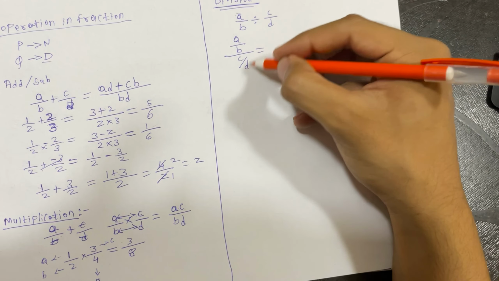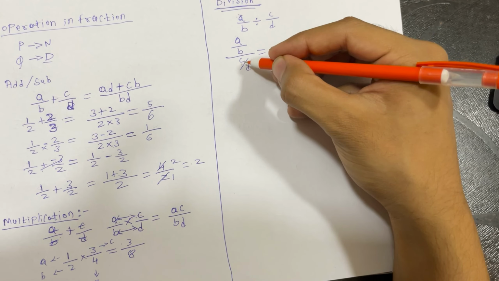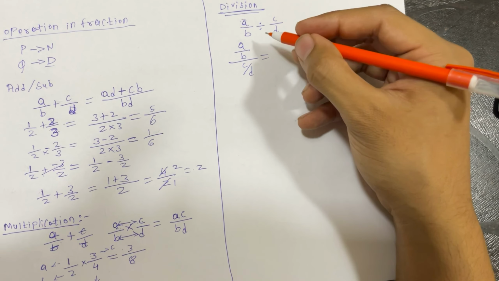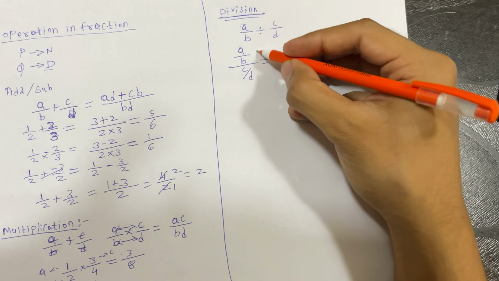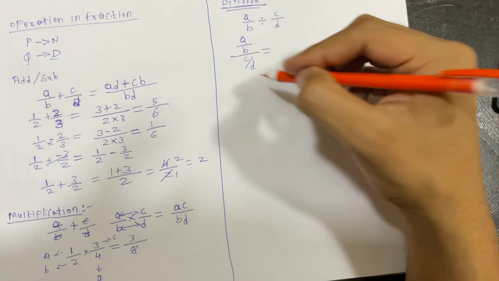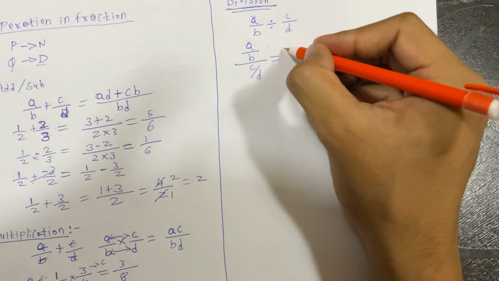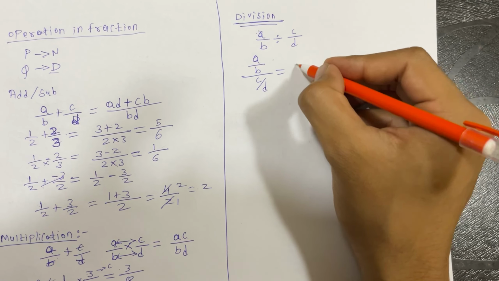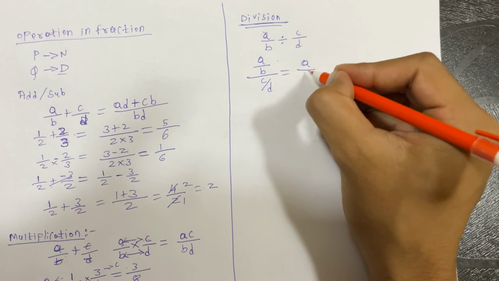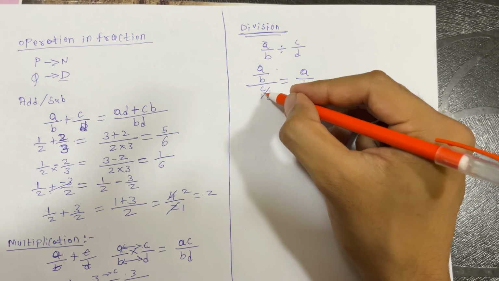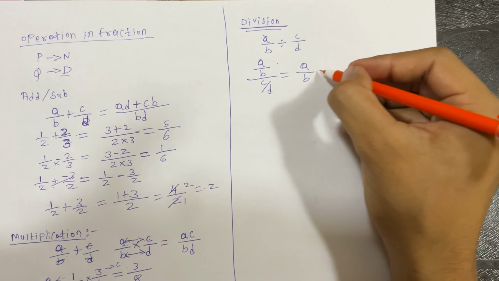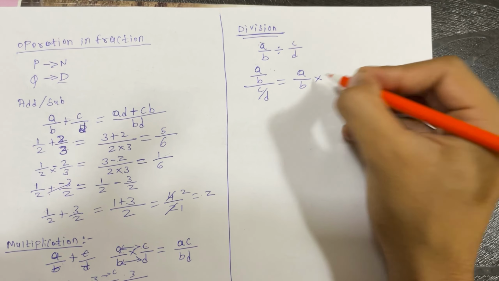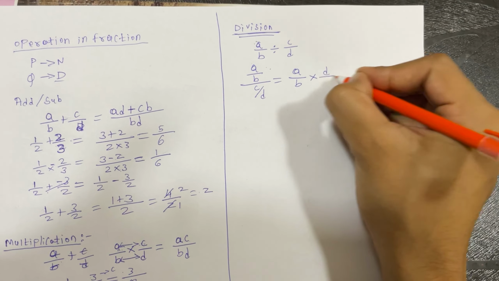So we have to take this denominator into numerator. So when we take denominator into numerator, this c by d becomes d by c. Then it will get multiplied, so it will be a into d by c.